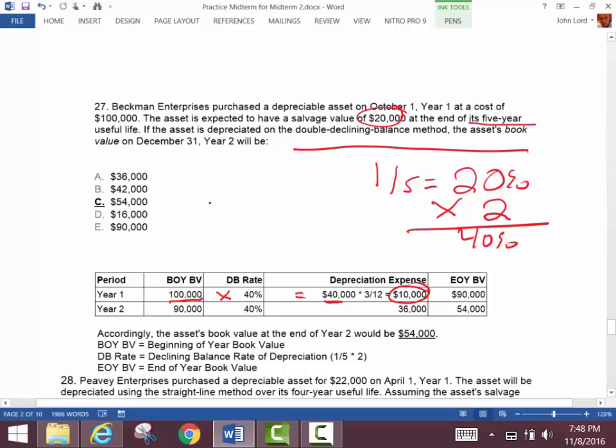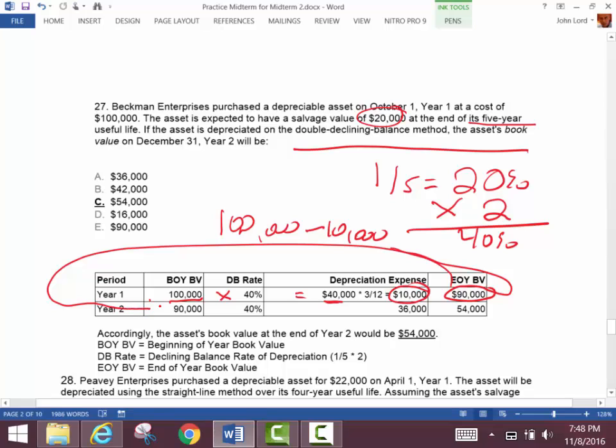Okay. I take that 100,000 minus the 10,000 depreciation for year 1, and so now my new carrying value on that thing is what? 90,000, isn't it? I bring that 90,000 over, and I now multiply that by 40%, and there's no fraction of the year now because I've owned this for the whole year, haven't I?